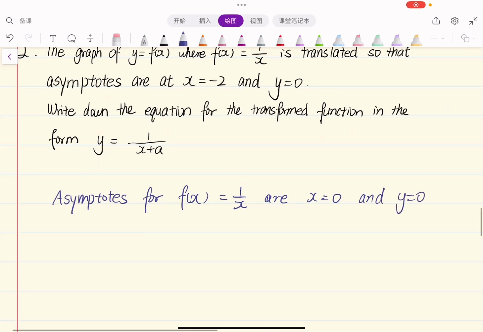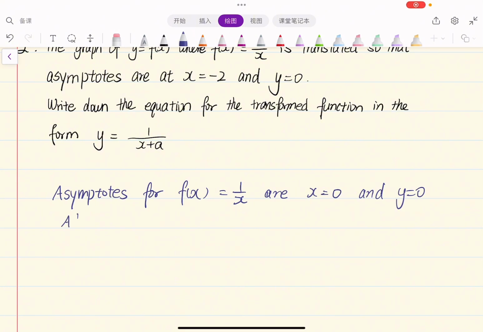And after translating, the asymptotes become x equals minus 2 and y equals 0.